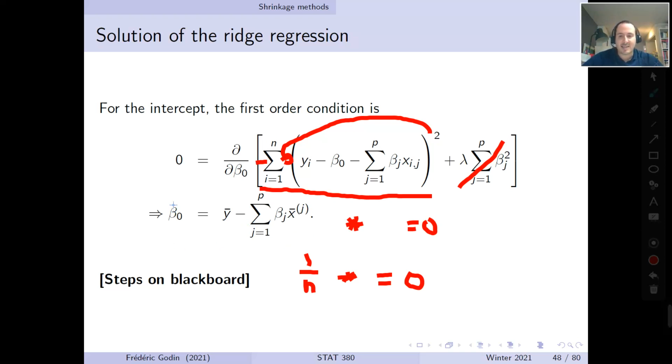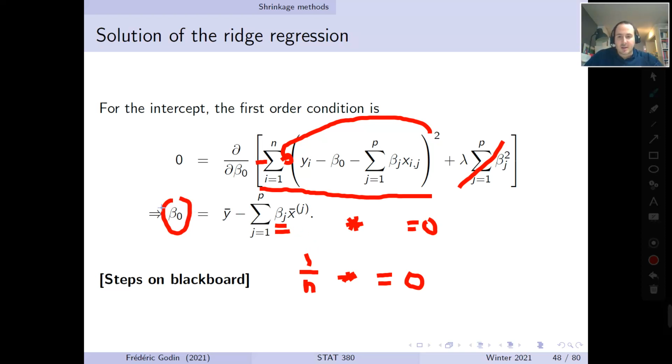Okay, so this is exactly the same equation as in the regular OLS regression, and this is true because beta 0 is not found in the penalty term, so all the steps are the same. This does not give you beta 0 by itself, but rather tells you how beta 0 is related to the other betas.